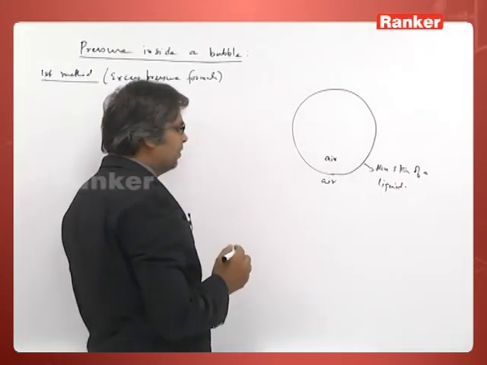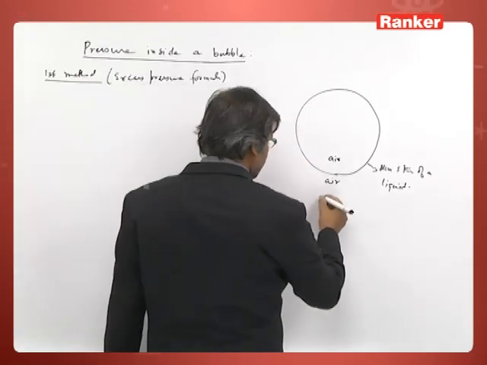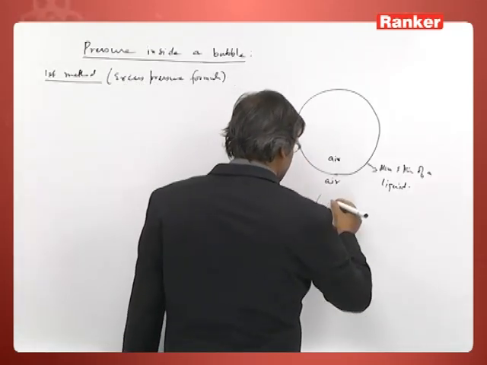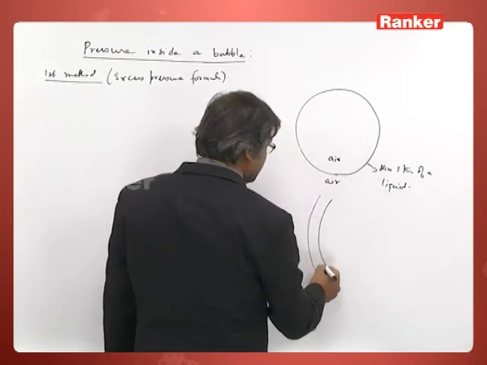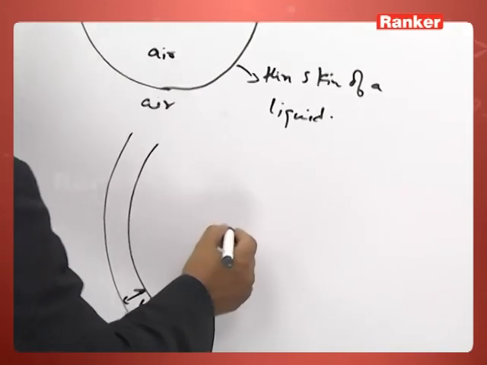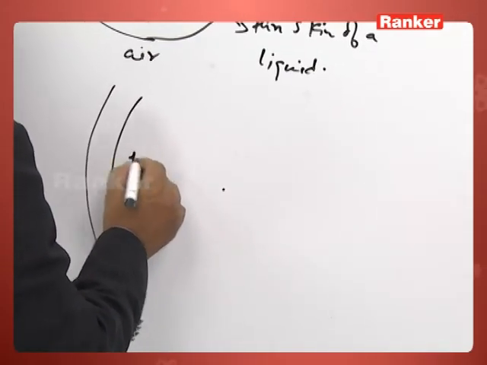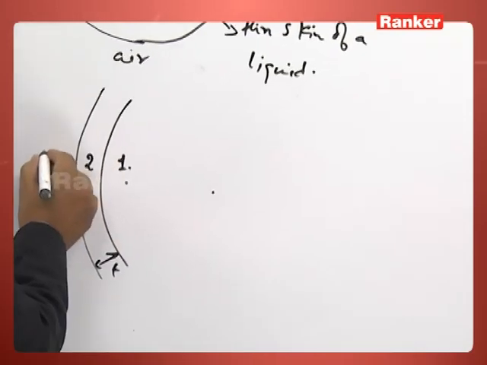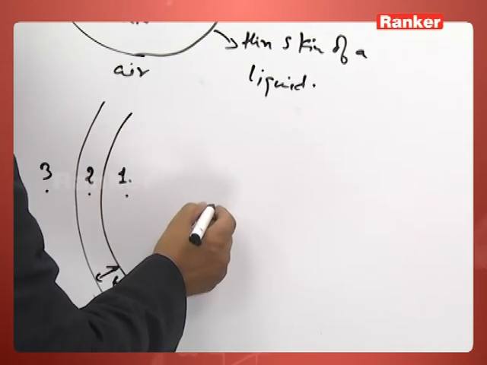We will magnify this portion so that you can see here, this is a thin film. Actually, this thickness t is very small. So, we have some points. Suppose I say this is 1, this is 2 and this is 3. I have 3 points, 1, 2 and 3.